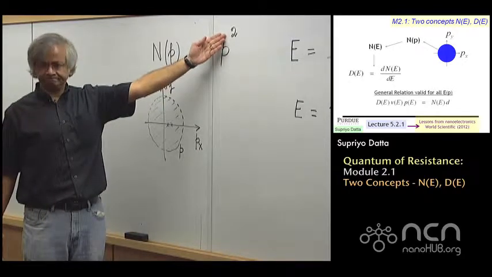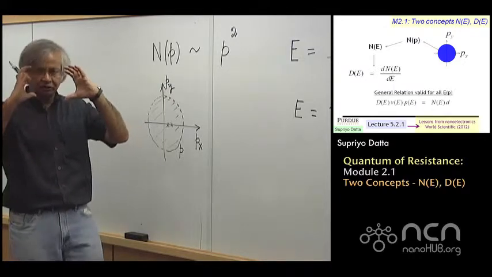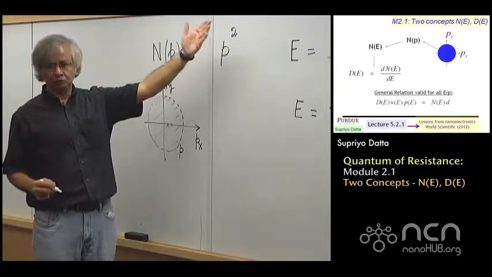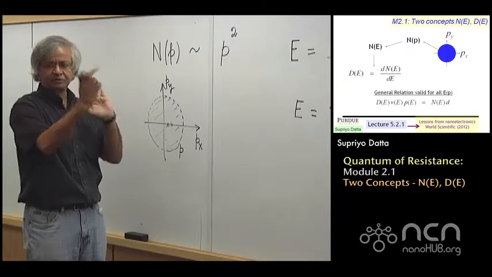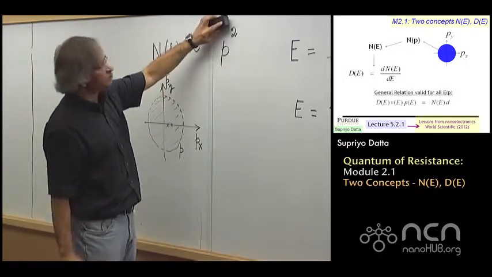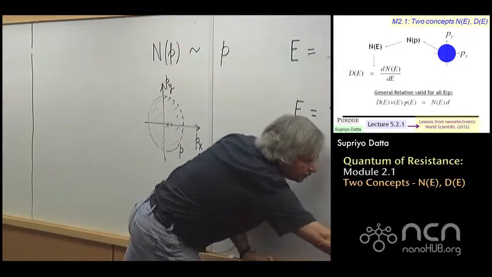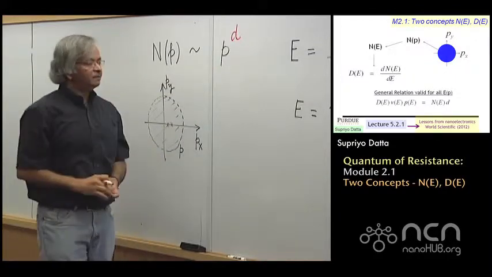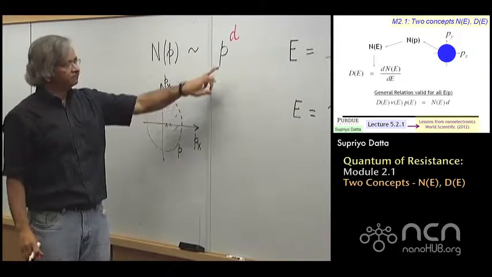So for the moment, we just note that N of P is proportional to P squared if it's two dimensions. What if it is three dimensions? Then I should be looking at the volume of a cube, and that would be P cubed. Or if it's one dimension, then we're just looking at a line, so it's just proportional to P. So in general, I could write N of P is proportional to P to the power d, d being the number of dimensions we are interested in.